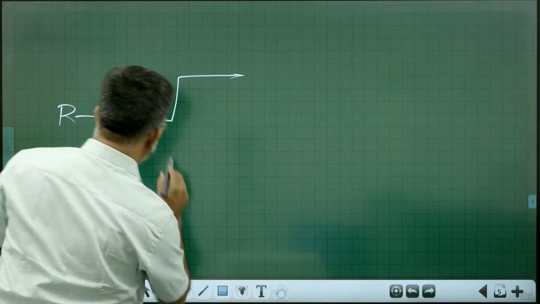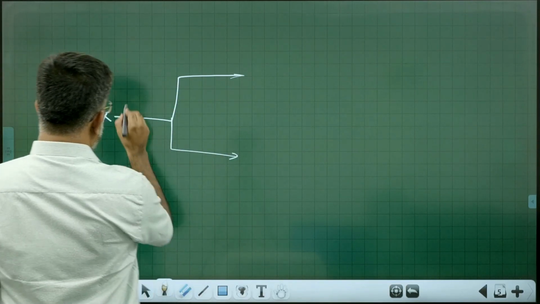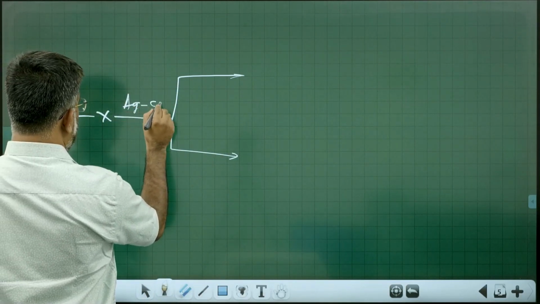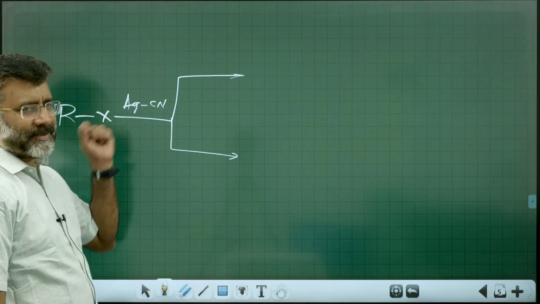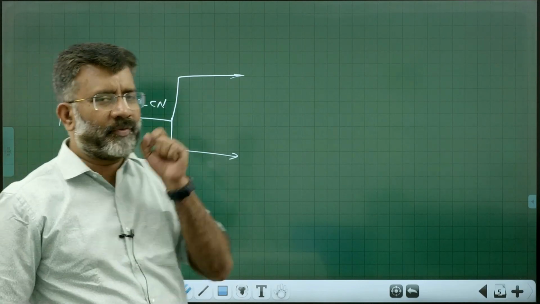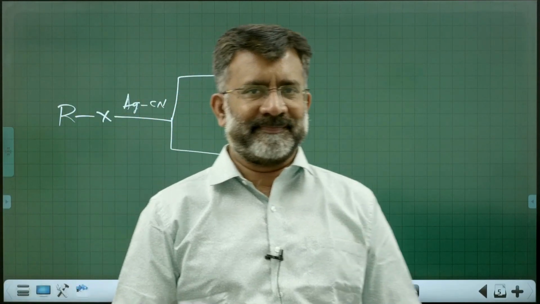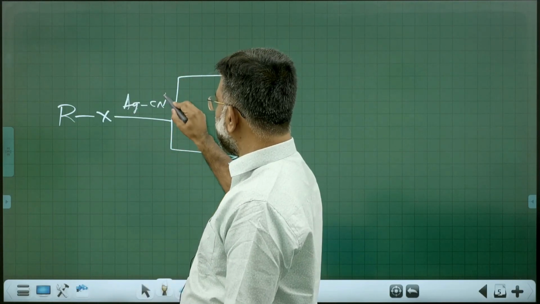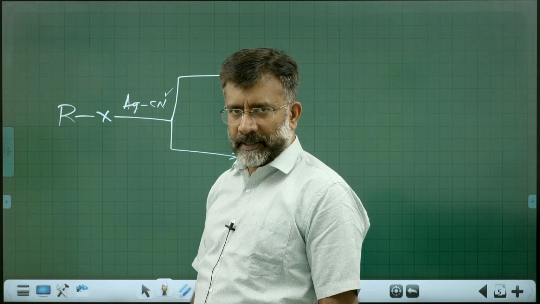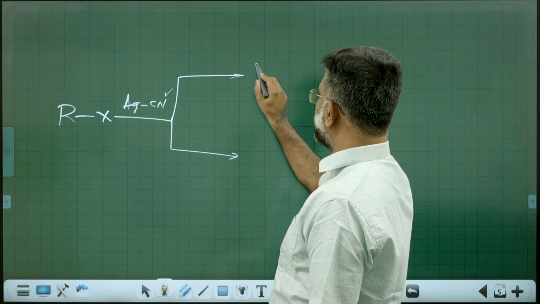If it is treated with silver cyanide, which is covalent in nature, there is no free cyanide available. In fact, the carbon is bonded to silver. Only nitrogen is free at the moment. So again, there are two possibilities.